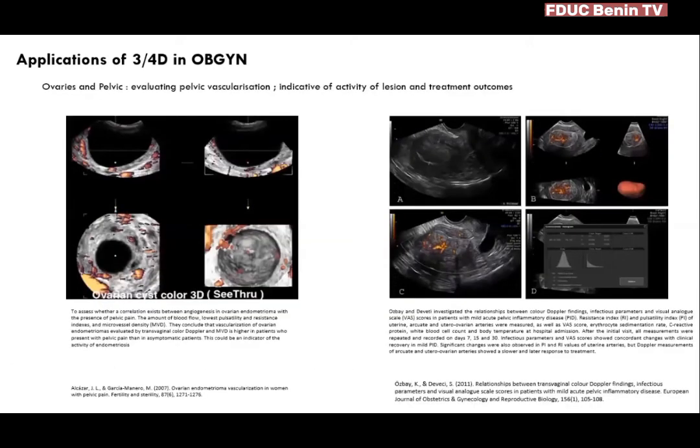Talking about the blood flow characteristics, this is very helpful when we're studying lesions in suspected endometrial disease. 4D ultrasound, when overlaid with power Doppler, can show us the vascularization characteristics of this lesion, and that can be indicative of the lesion's activity, if it is active or non-active.